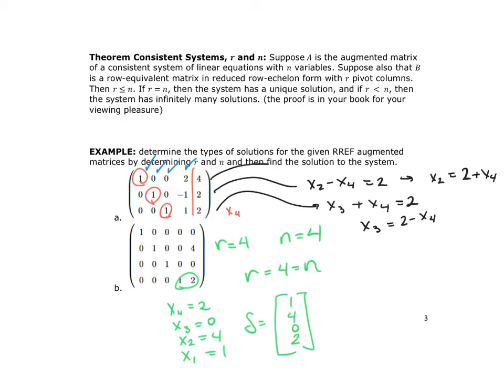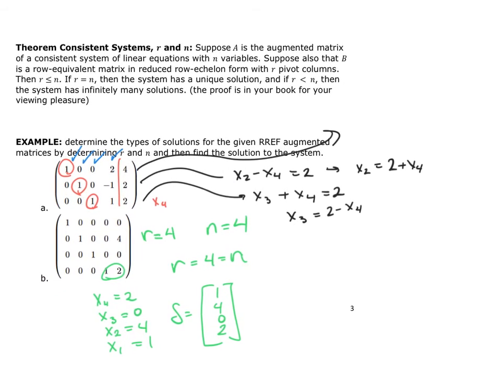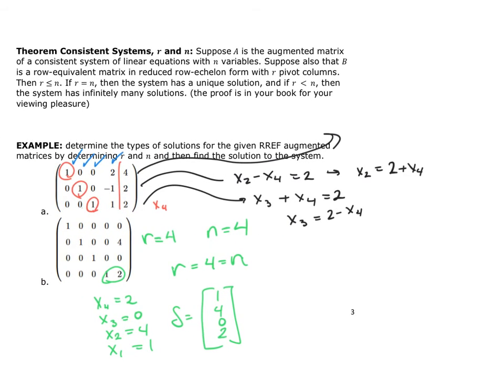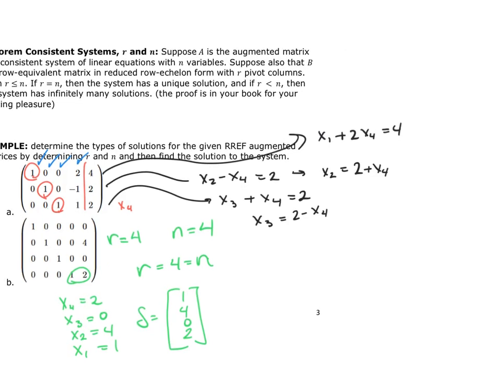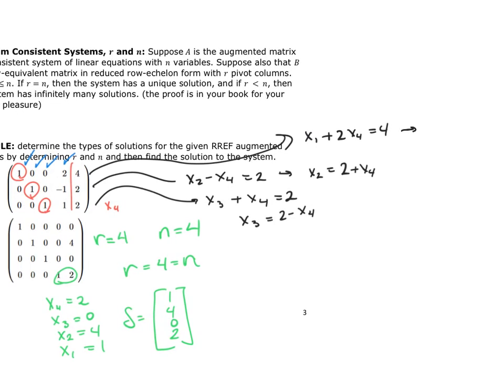And then, of course, my top row, let me just move that over here. My top row is going to give me x sub 1 plus 2 x sub 4 is equal to 4. And so I solve for x sub 1, and I have x sub 1 is equal to 4 minus 2 x sub 4.